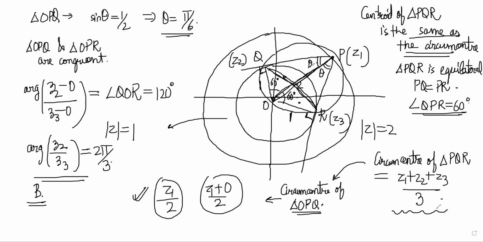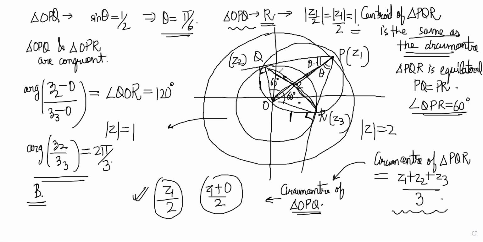And since Z1 by 2 is the circumcenter, what is the circumradius of triangle OPQ? If you think about it, the R for this is the distance of Z1 by 2 from the center. It will be mod of Z1 by 2, which is mod Z1 by 2, and mod Z1 is equal to 2, so this is 1.